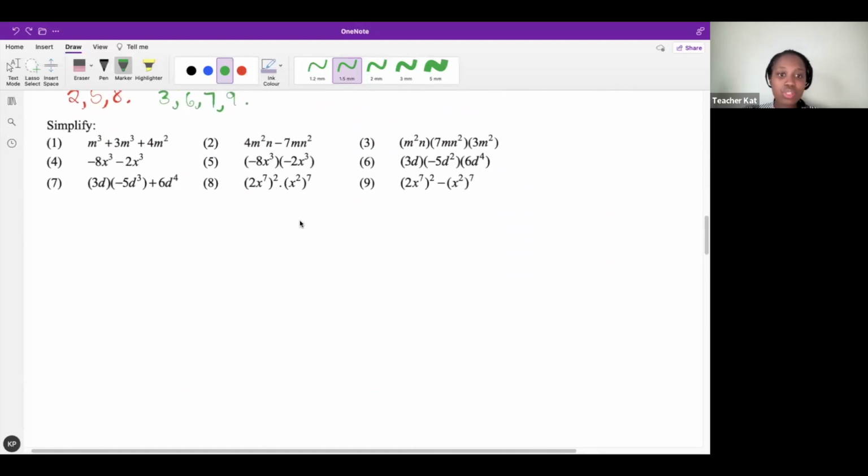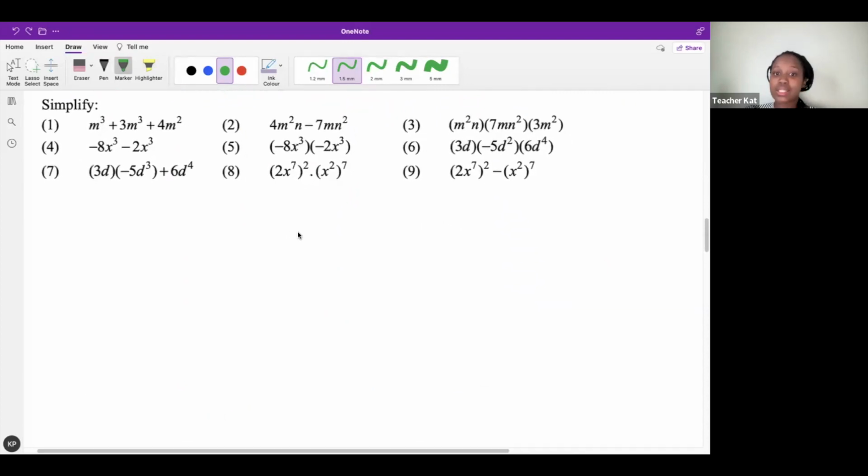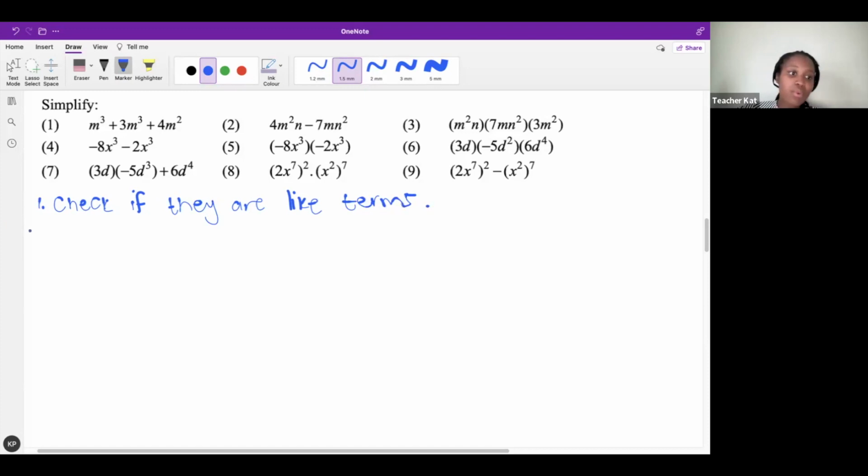Now we're going to use the skill we just learned to add and subtract like terms. Okay, so step 1 will always be check if they are like terms. You cannot just assume, okay? So you need to check if they are like terms. That's step 1. And then when you add like terms, you only add the coefficients.